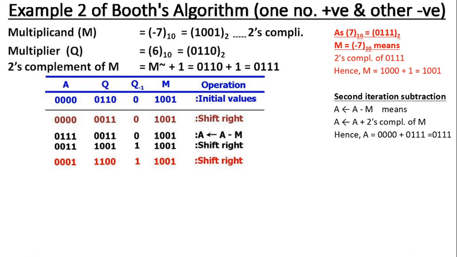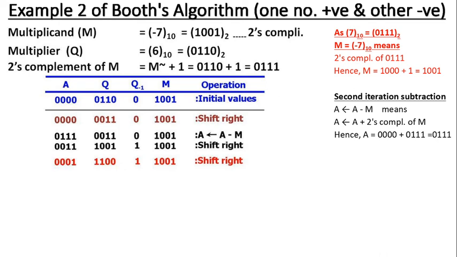Okay, the concept of ASR is already known to you, and I have simply applied it and written the contents of A, contents of Q and Q minus 1 bit. M is simply copied, there is no change. So the shift right operation is performed, that third iteration is over. We reach the bottom of that algorithm, and the count will now become 1.